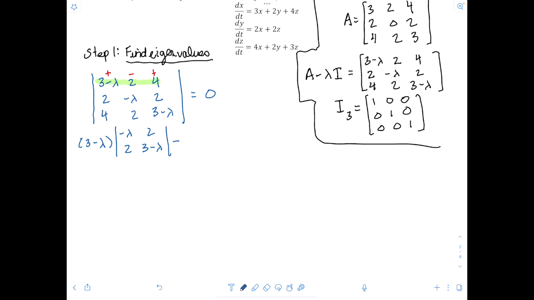And then minus 2 times, now this time you'll be crossing those out, and you're left with the other entries, 2, 2, 4, 3 minus lambda. And then plus 4 times the determinant 2, negative lambda, 4, 2. And that's all equal to 0.